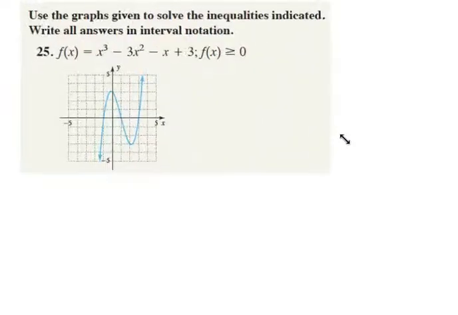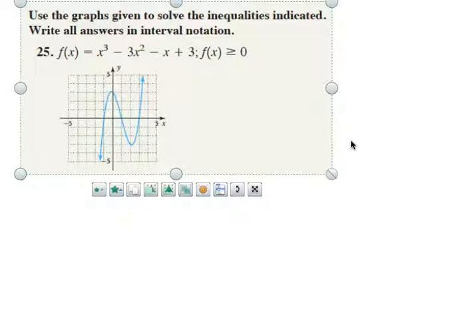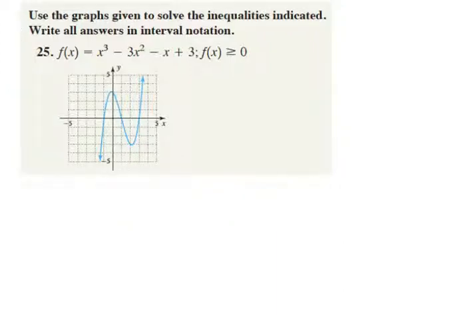Next thing we're going to start doing is looking at graphs and identifying kind of what's going on with them. And so for like things like number 25, we're going to ask, given this graph, use this graph to help solve the inequalities indicated. So I'm going to give you some function of x, and you're going to tell me when f of x is greater than or equal to 0.